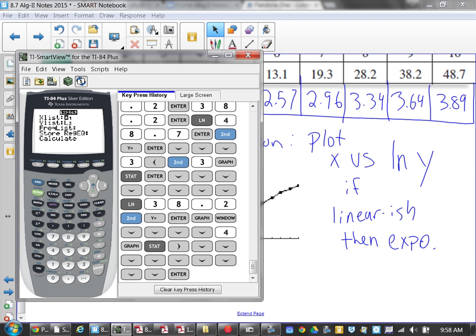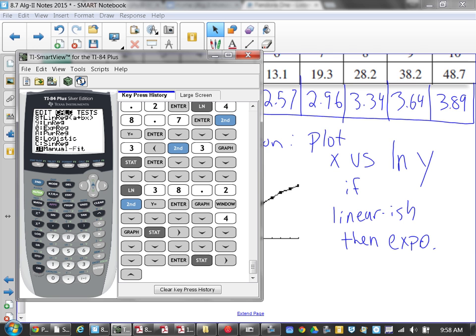Hit stat, calculate, and then it's option 0. If I just go up, it'll probably be quicker. You can just press zero. Is that what you got?